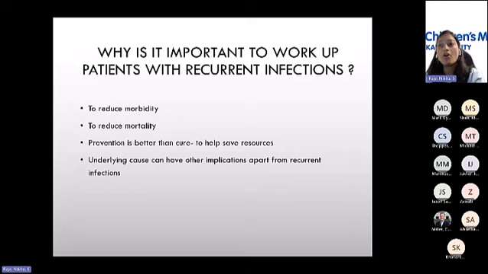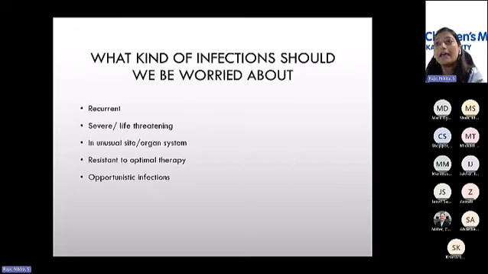And the underlying cause can have implications other than recurrent infections, so being able to modify the management and look for some of those non-infectious concerns and complications.